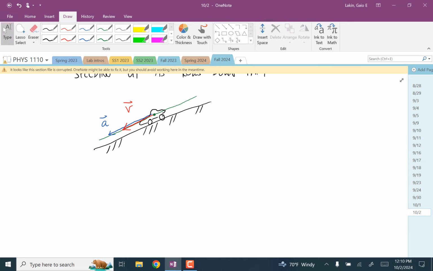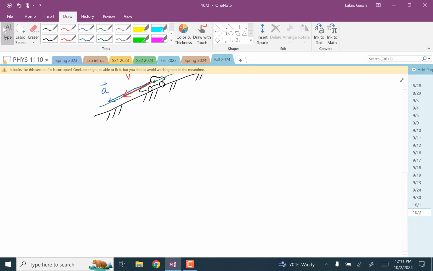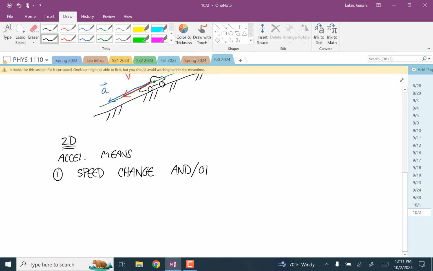In 2D, acceleration can mean speeding up or slowing down. You know, it can mean speed change. But it can also mean turning. Because now in 2D, there's the possibility to change directions, not just change speed and whether you're going this way or that way.